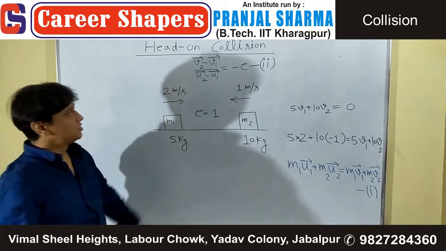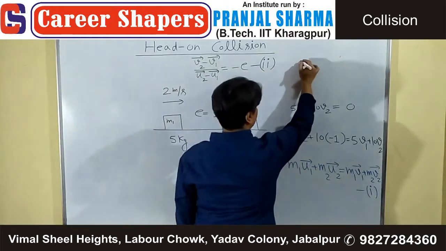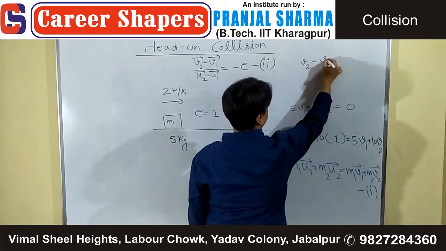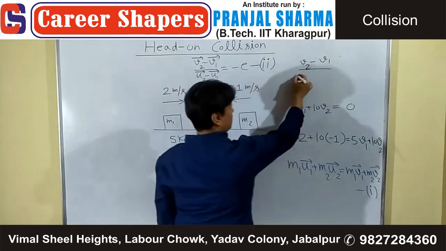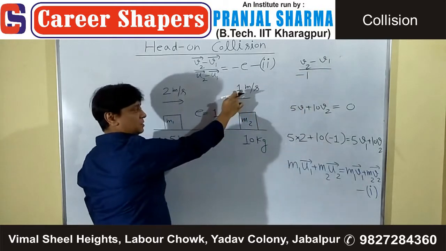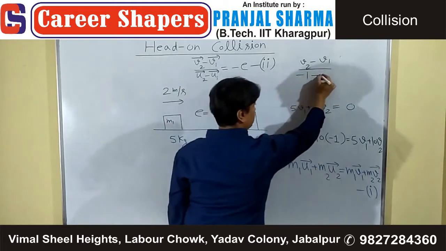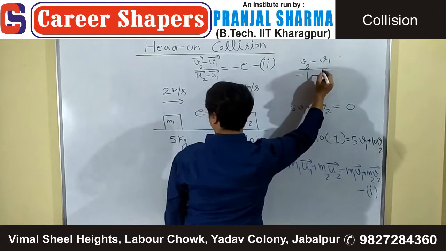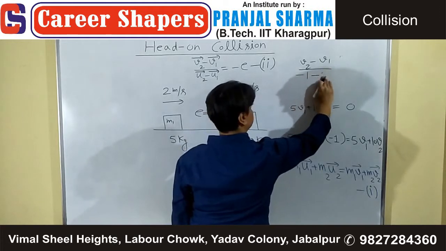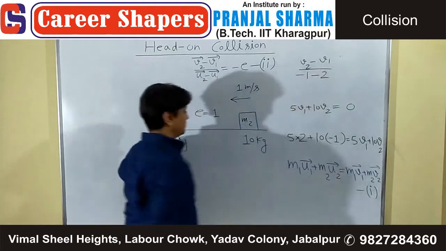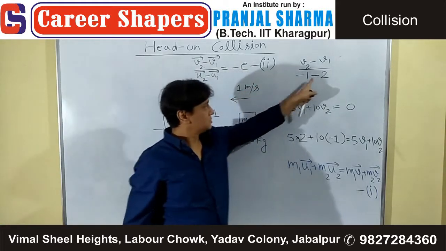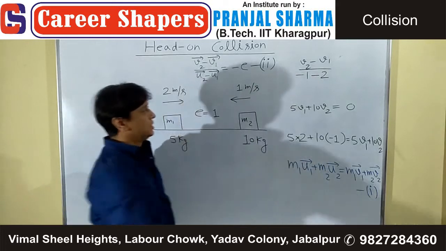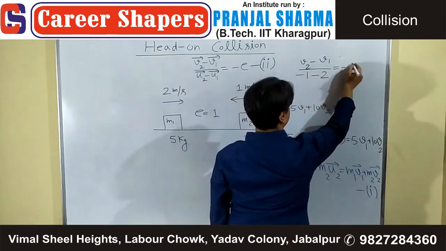Let's use the second equation. The second equation says V2 minus V1 upon U2 minus U1 is minus e.